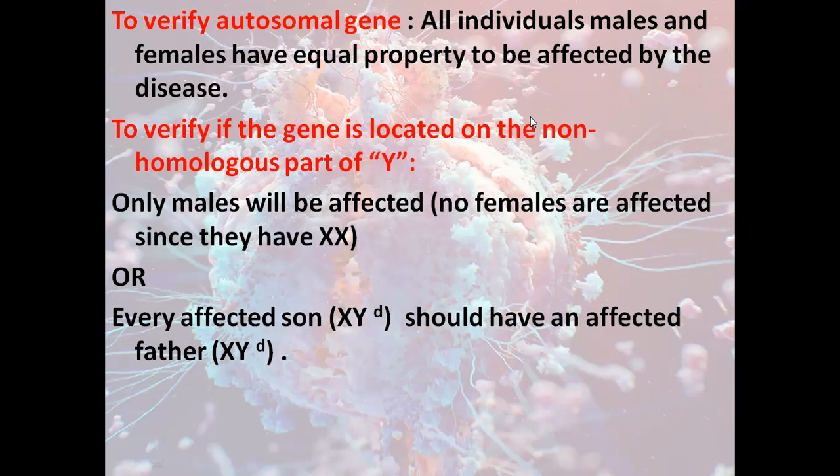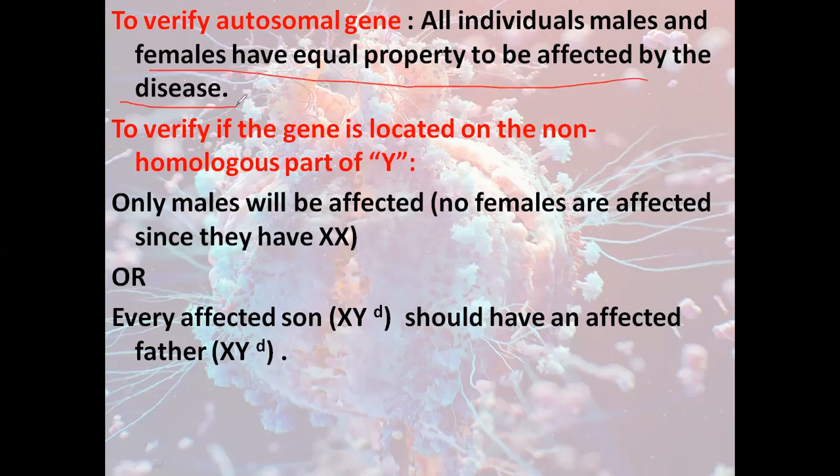Can you repeat the autosomal gene? Autosomal, I'm going to talk about it. To verify it's autosomal, you have to deny X, Y, and XY. This is theoretical. Here, I'm talking about theoretical. The male and female should have equal probability.